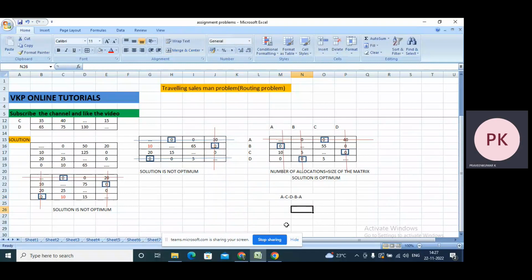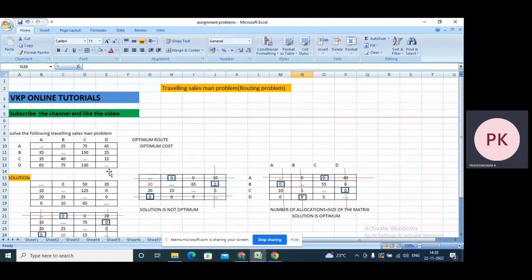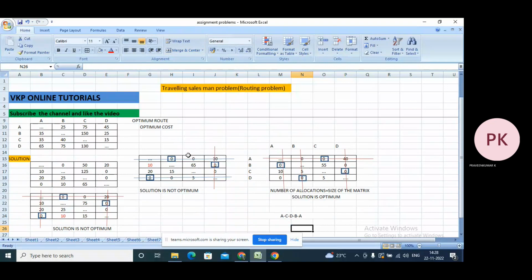Now we need to determine the optimum cost for this route. I will check the values. A to C is 75 rupees. And C to D is 15 rupees.